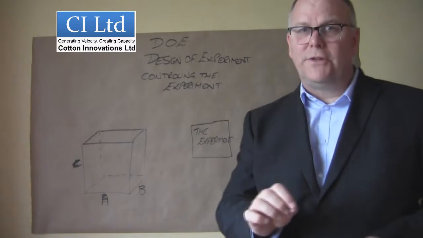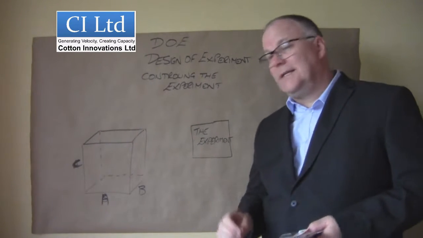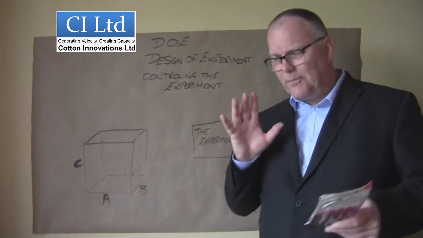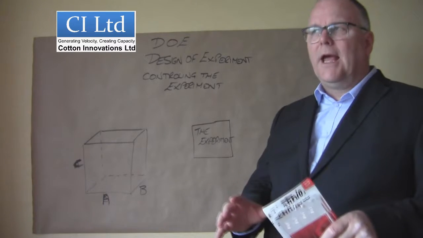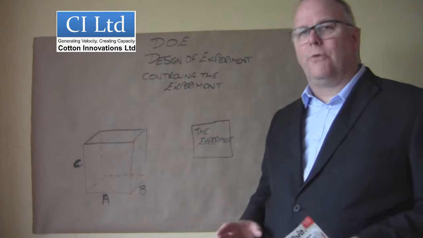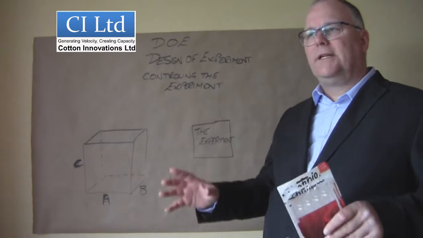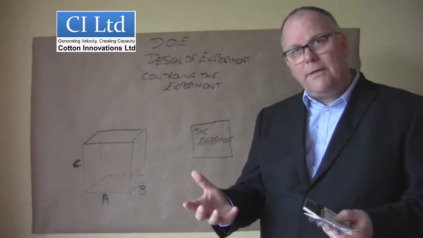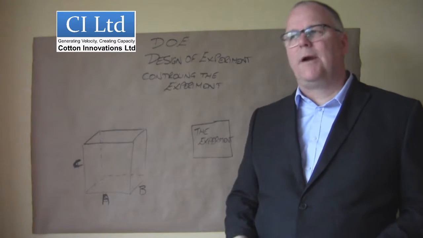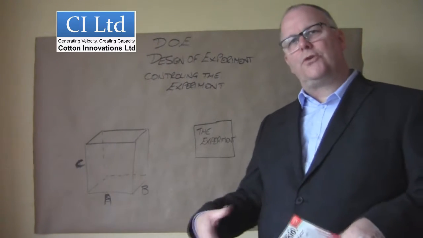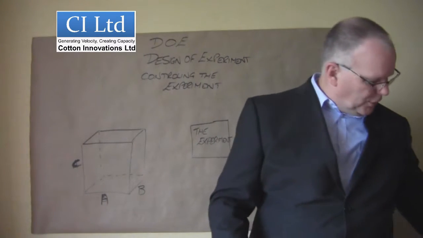But one of the most important things we need to understand is how to control your experiment. Lots of people do design of experiments, they get into a right mess with everything, and the reason is they do not control their experiment. You need to identify what factors you're playing with, what factors and interactions you need to lock in that experiment, and what output you're trying to measure and how you're going to use that.